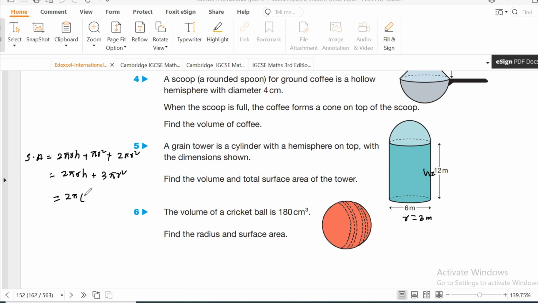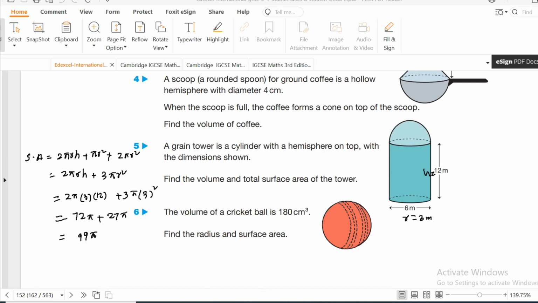So pi, radius 3, height 12, plus 3 pi, radius 3 square. 12 multiplied by 3 is 36, 36 multiplied by 2 is 72 pi, and 3 times 3 is 9, 9 multiplied by 3 is 27 pi. So we can add 72 plus 27, which gives 99 pi.